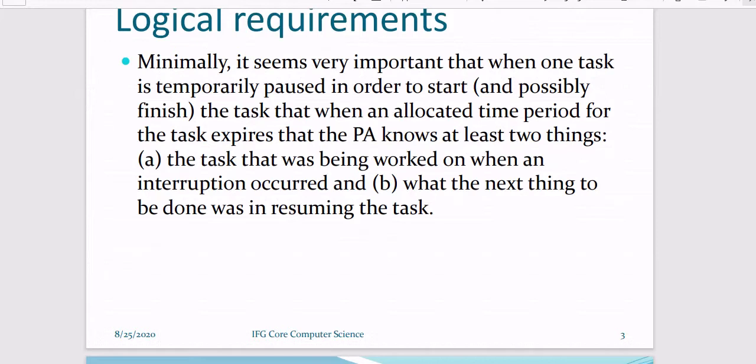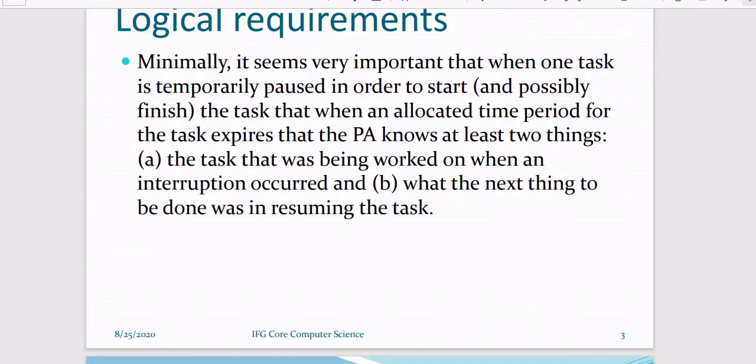It's very important that when one task is temporarily paused, in order to respond to an interrupt, or when an allocated time period for the task expires, the PA knows at least two things.